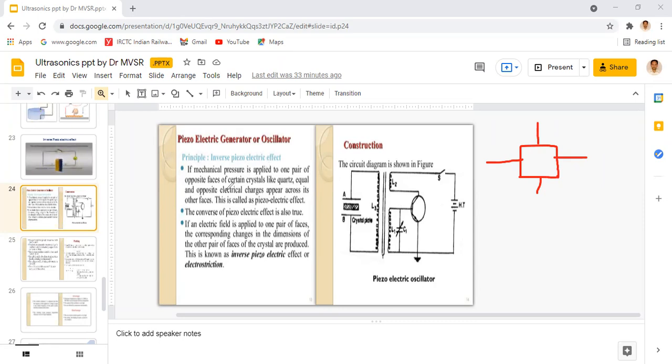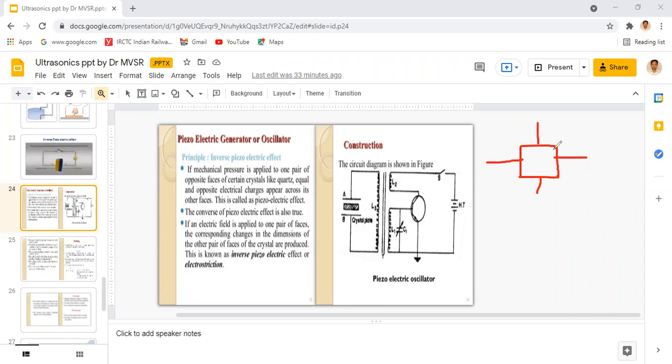The converse of the piezoelectric effect is also true. That means if an electric field is applied to one pair of faces, the corresponding changes in the dimensions of the other pair of faces of the crystal are produced. This is known as the inverse piezoelectric effect or electrostriction.